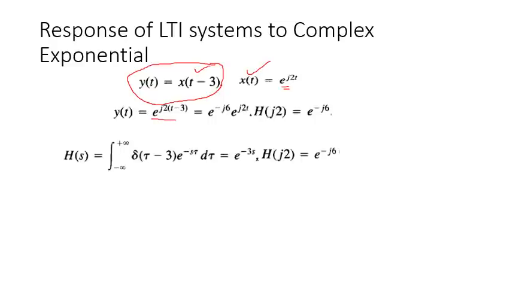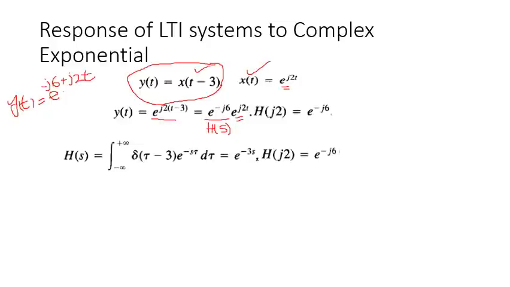If I multiply the 2 through, I get e power j2t minus j6. Opening the bracket, we can split it into two: e power minus j6 is the system response, h of s, and e power j2t is the input signal. So h of s is equal to e power minus j6.